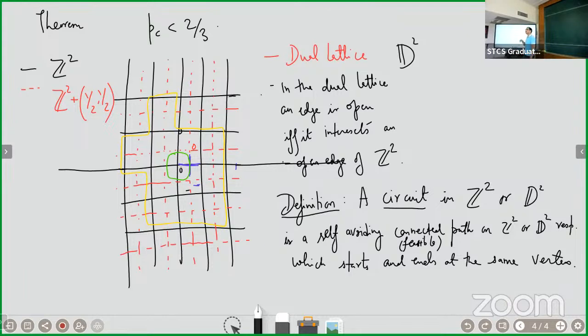And for a circuit to be closed, you need that probability to be 1 minus p to the power n.